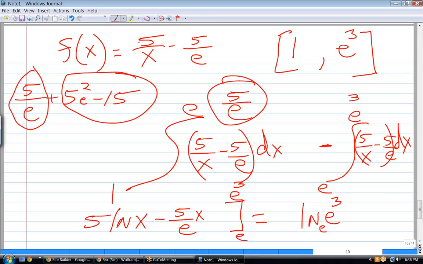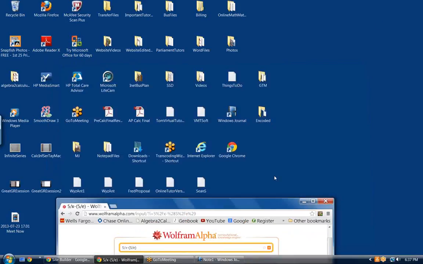Hold on a second. What is the natural log of e cubed?